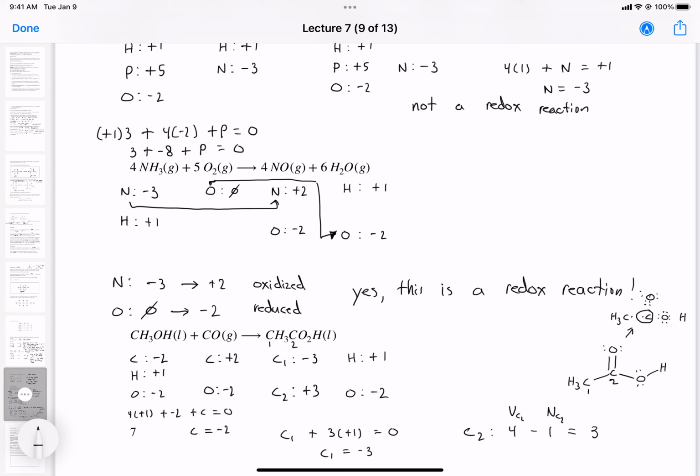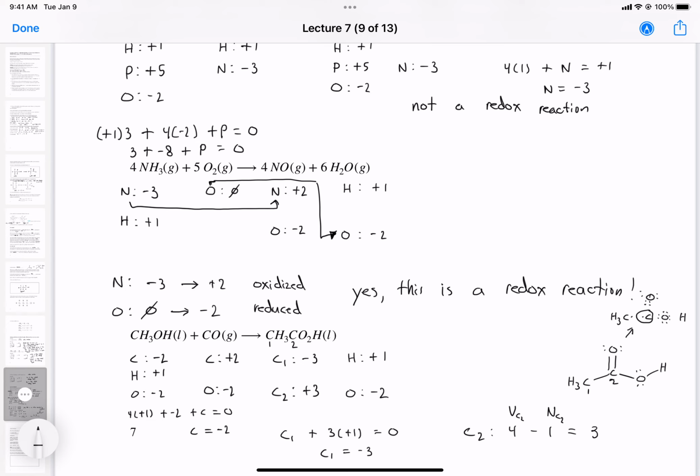Okay? So if we look at carbon 1, hydrogen in both cases is not changing, oxygen's not changing, but 2 of the carbon atoms are changing, right? So if we think about the CH3, look at these carbons.